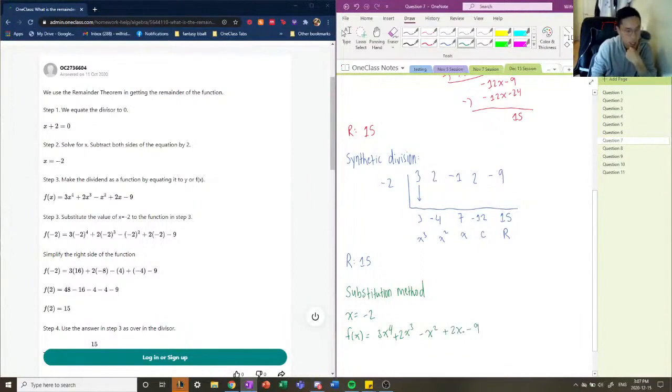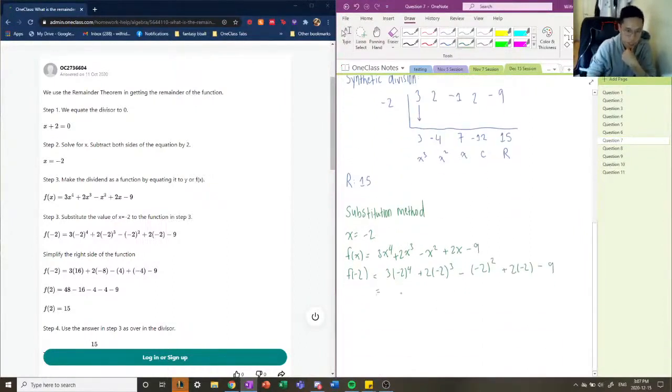So we're going to plug in f of -2 in here, and we're going to get 3(-2)^4 plus 2(-2)^3 minus (-2)^2 plus 2 times -2 minus 9. And we get 48 minus 16 minus 4 minus 4 minus 9, and that gives us 15.